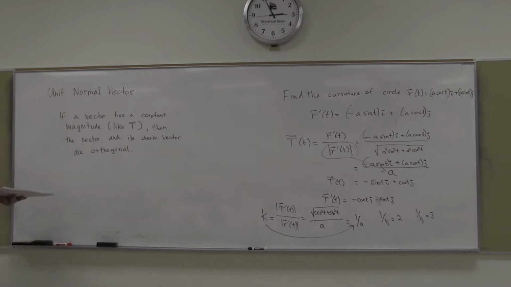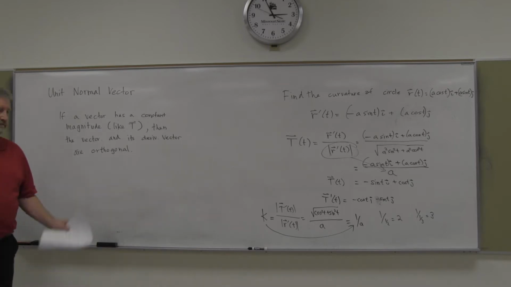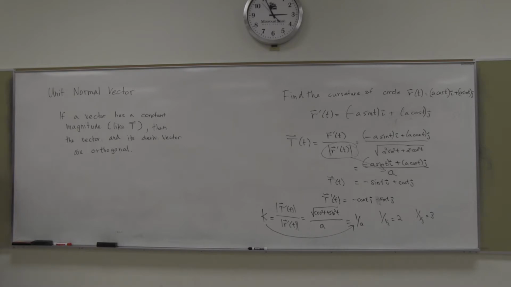Orthogonal, for vectors, that's the word for perpendicular. So a vector and its derivative vector are orthogonal. So if I've got this vector with constant magnitude, call it R, whatever, and I take its derivative vector, it's orthogonal to that.